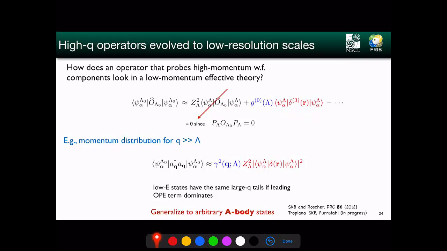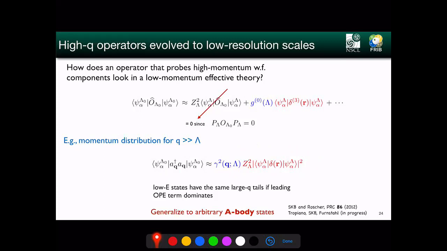And so if you apply this, for example, to the momentum distribution for Q much greater than your soft RG scale, you find that the momentum distribution has this nice factorized form where all the Q dependence is out front and it's state independent, and all the state dependence only depends on soft physics, low momentum physics.